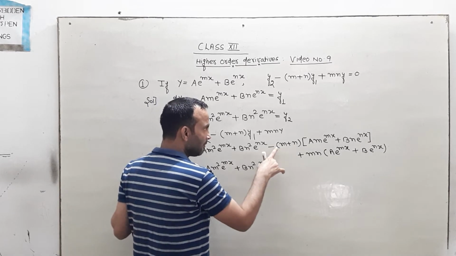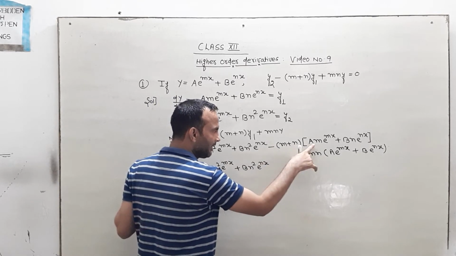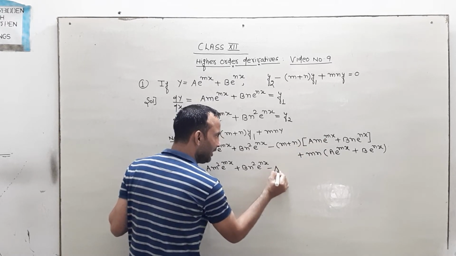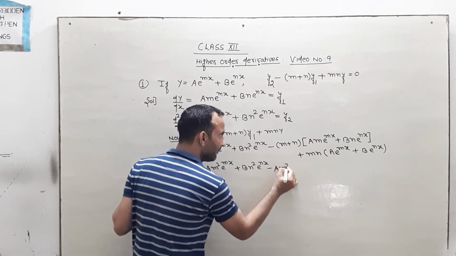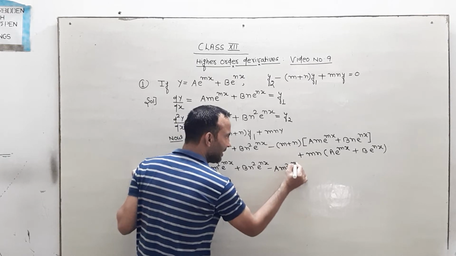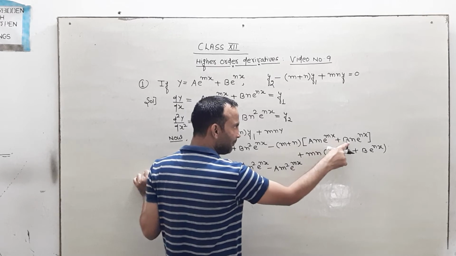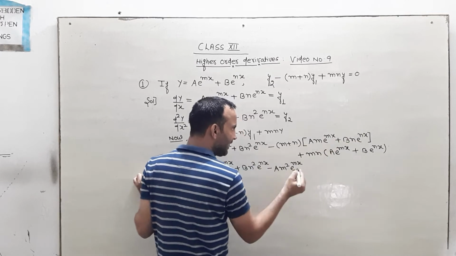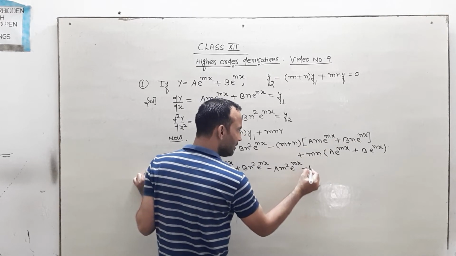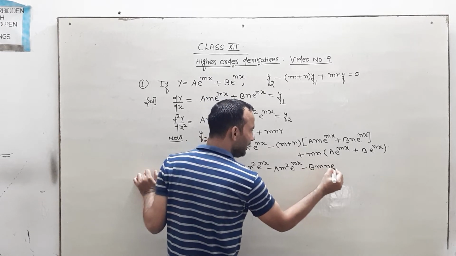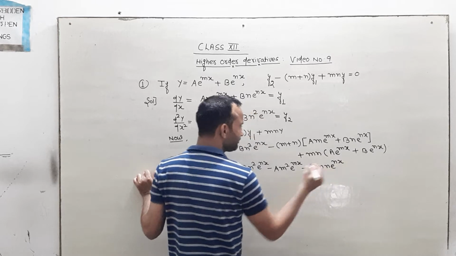Now see, minus m multiplied with a m e raised to the power mx, we obtain minus a m square e raised to the power mx. After that, minus m is multiplied with b n e raised to the power nx, we obtain minus b m n e raised to the power nx.